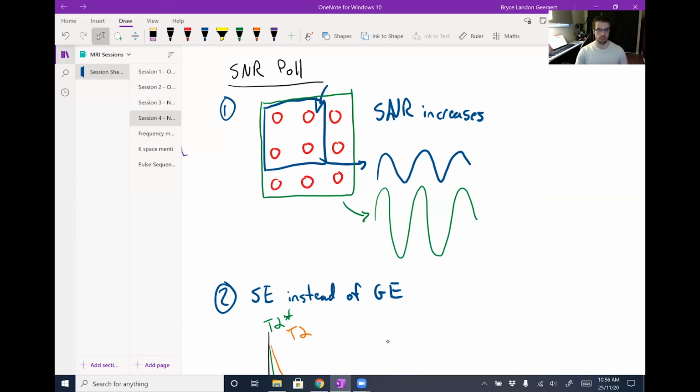So if our TR is too short, some areas where T1 is quite long will have a net magnetization vector that hasn't fully recovered, and therefore when we tip that NMV, it's going to contribute less signal in the transverse plane for us to measure. So increasing our TR guarantees there's more time for signal to regrow, and in our subsequent pulses, we will have access to more signal.